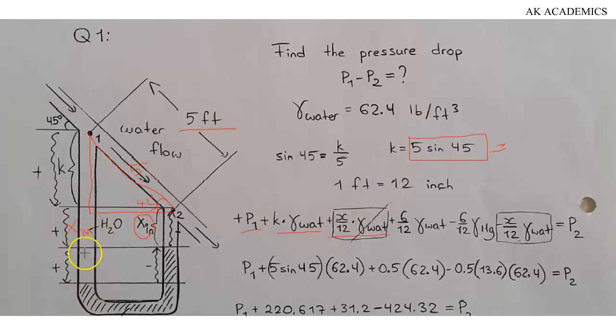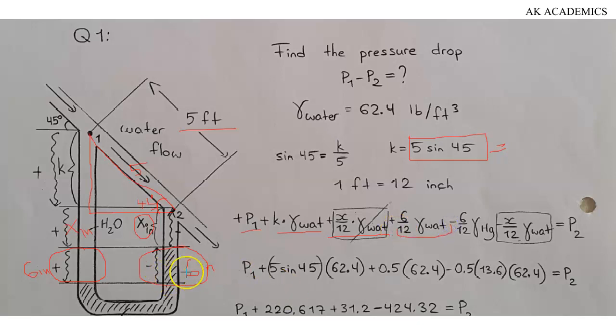And then this pressure, it's not written here, but the height here is actually 6. We have 6 inches here. The height here is 6 inches. Okay, so the pressure due to this particular 6 inches will be equal to 6 over 12 multiplied by the specific weight of water. And that's exactly what we do have here.